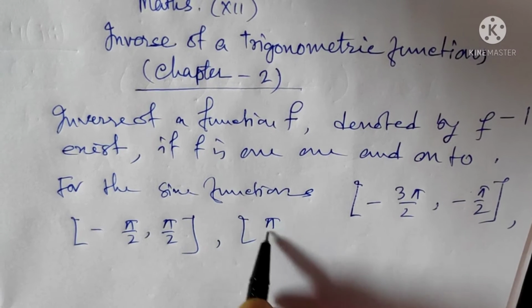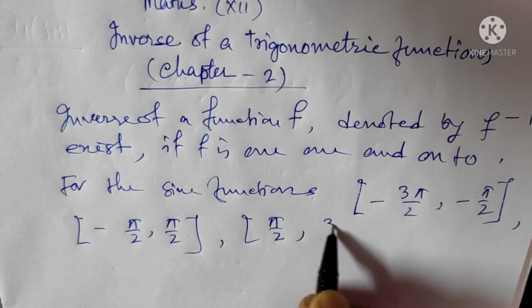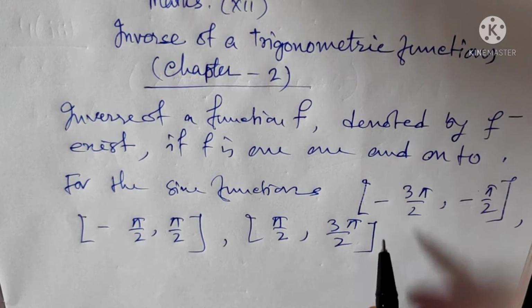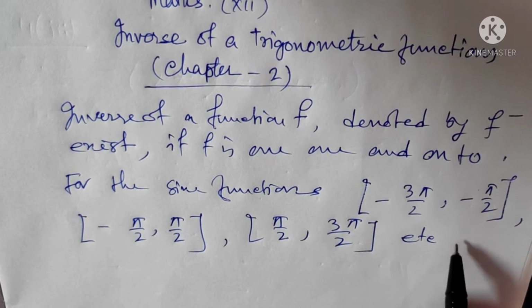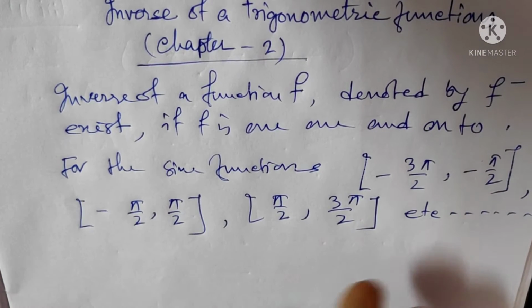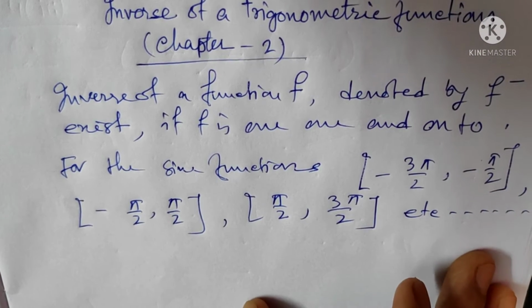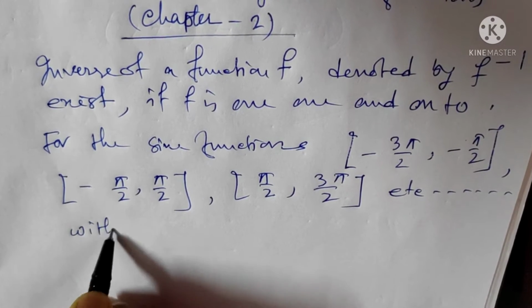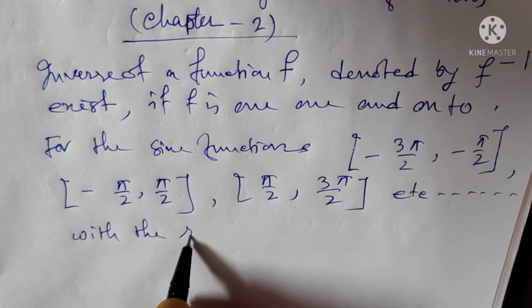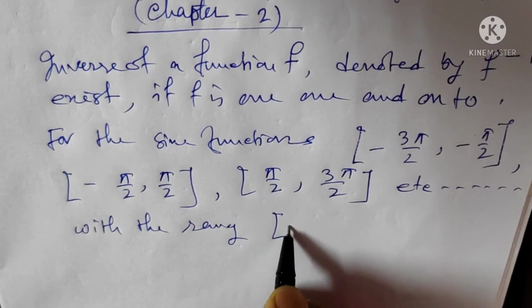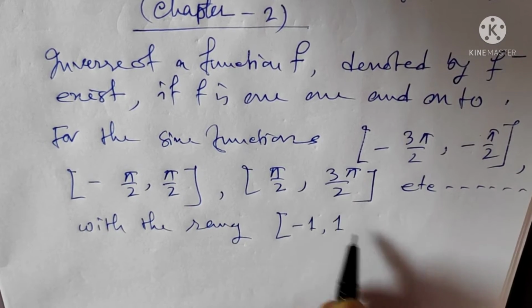Next, pi by 2 to thrice pi by 2, etc. Then it becomes one-one and onto with the range minus 1 to 1.